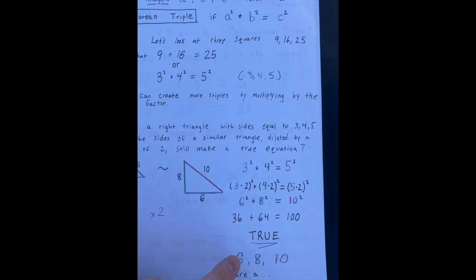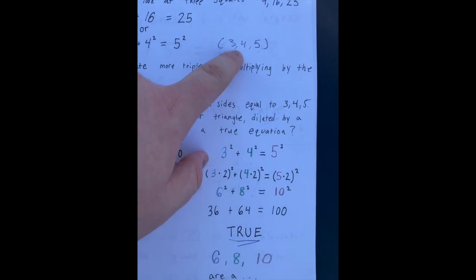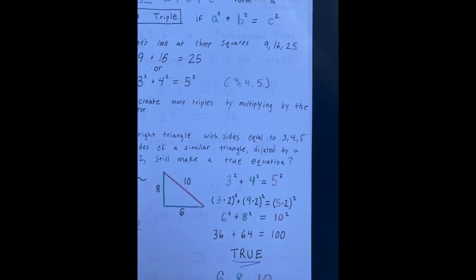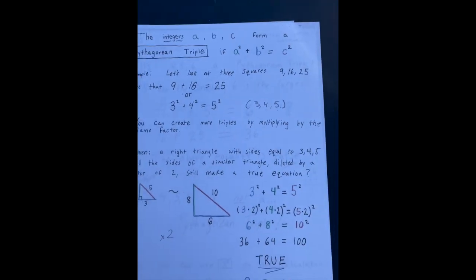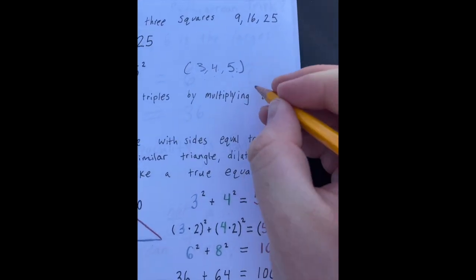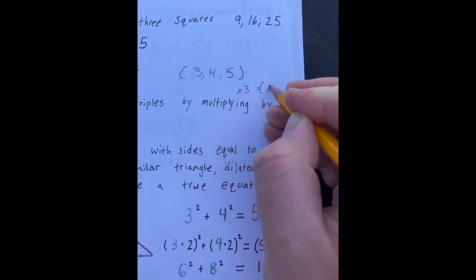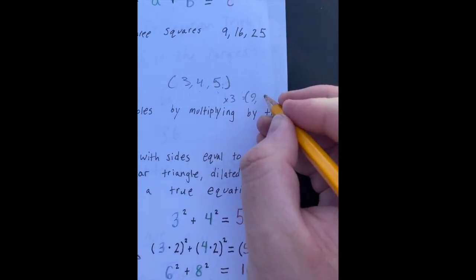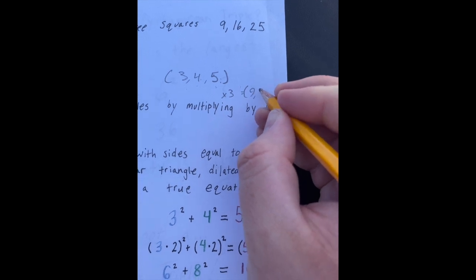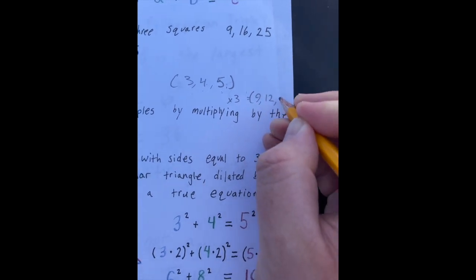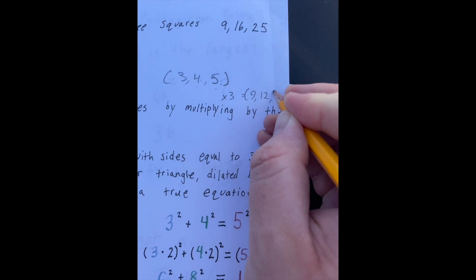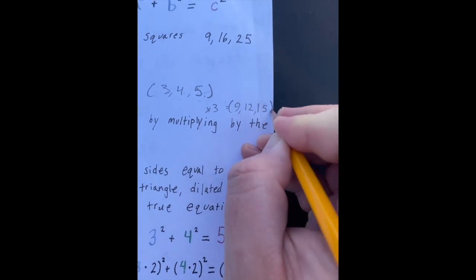So 6, 8, 10 is what happens when we multiply each of these numbers by 2. Another one could be if you multiply each of these by 3, then another given statement for that, if we multiply each by 3, we would get 9, because 3 times 3 is 9, 12, 4 times 3 is 12, and then 5 times 3 would be 15.